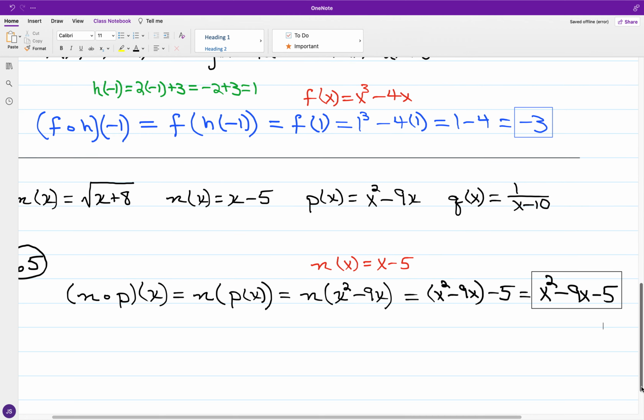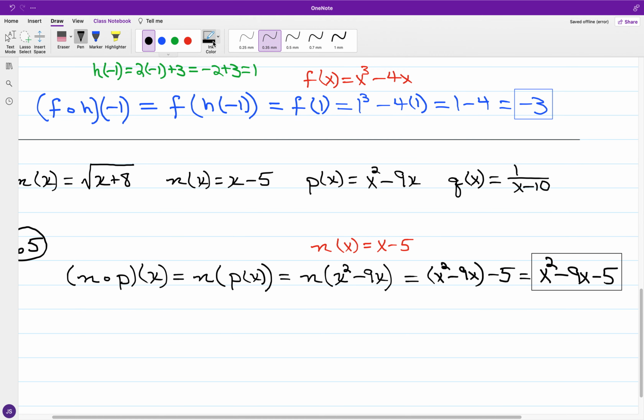As for the domain, the input is x squared minus 9x. I don't have a fraction, I don't have an even root radical, so for the input I'm going to say NR for no restriction. In terms of the final output, the composition itself, we don't have any fraction or any even root radical.